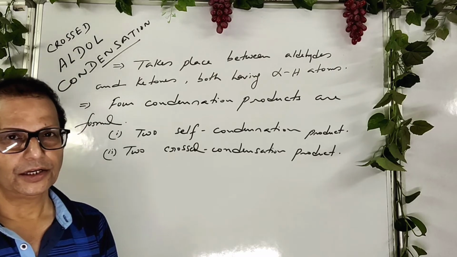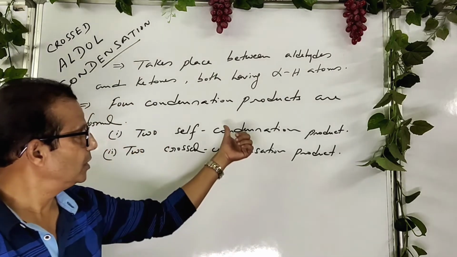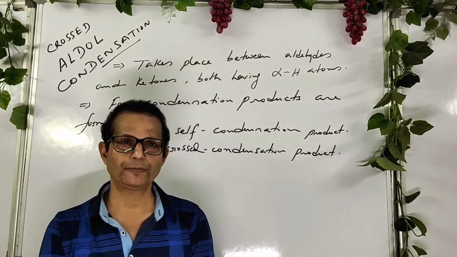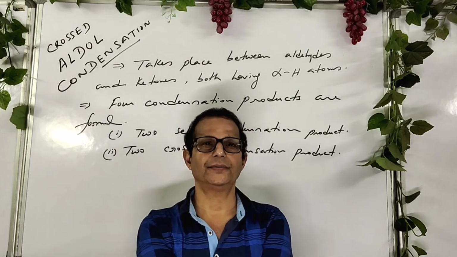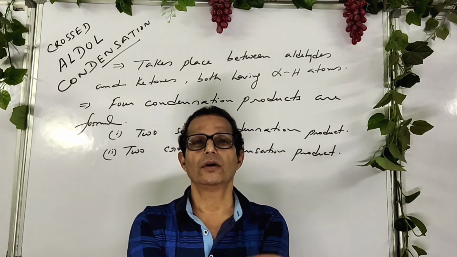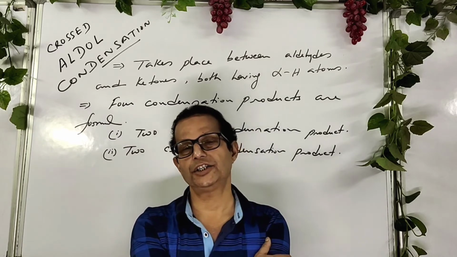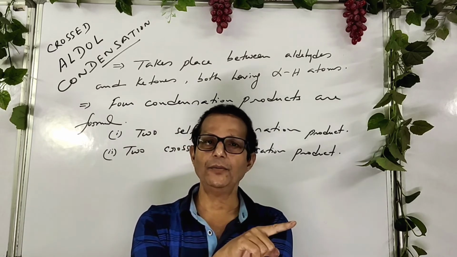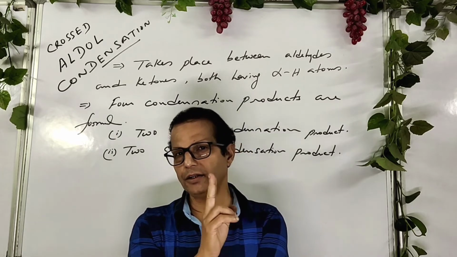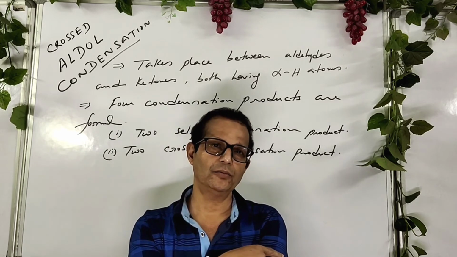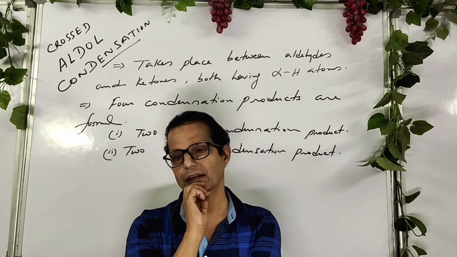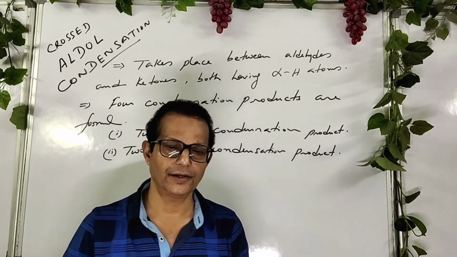But remember it, whenever you write the aldol condensation, follow the technique. First molecule, draw as it is structure. For second molecule, write only one alpha hydrogen atom separately. That's the technique. So understand it.